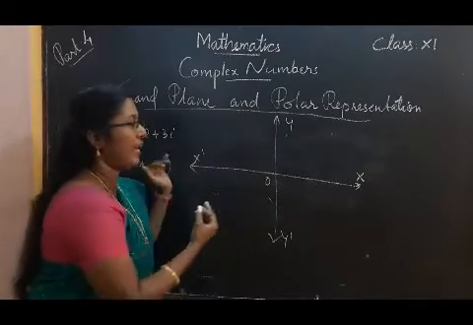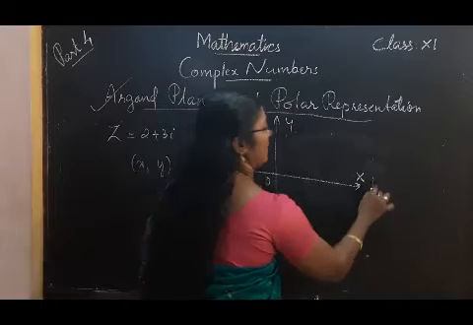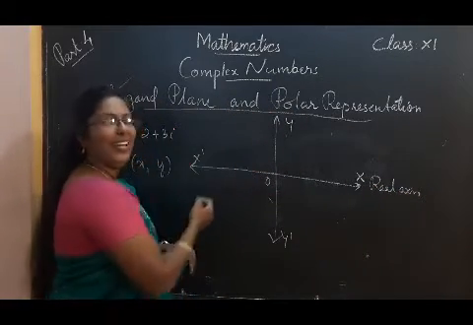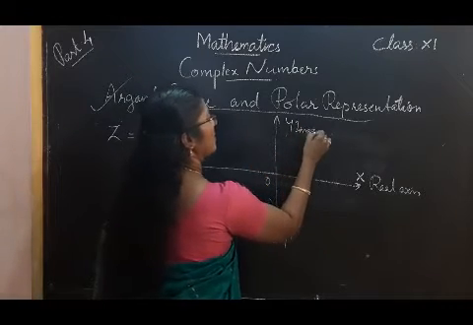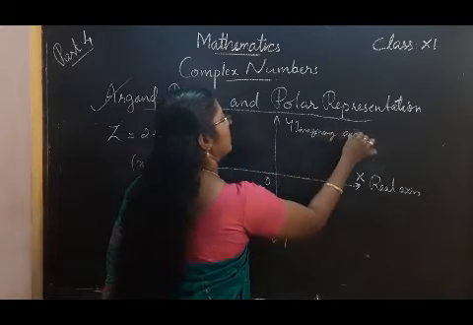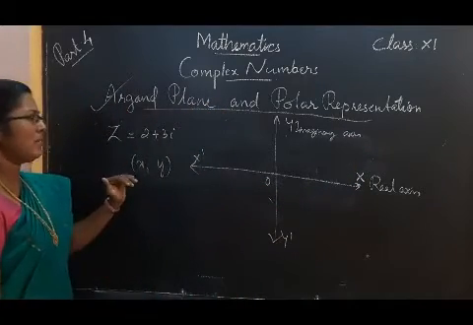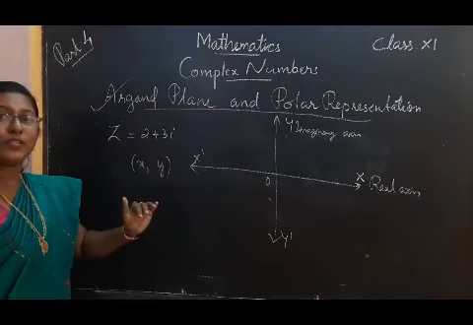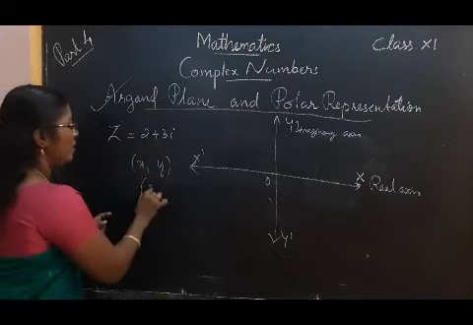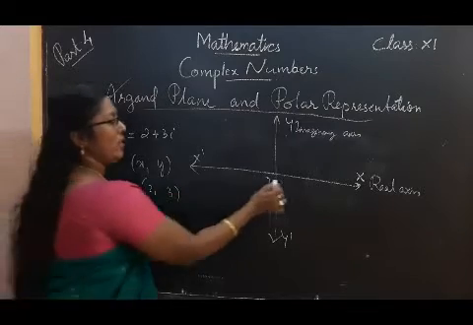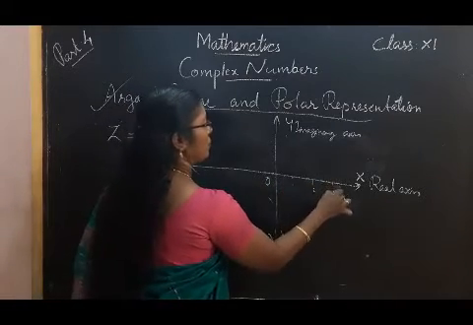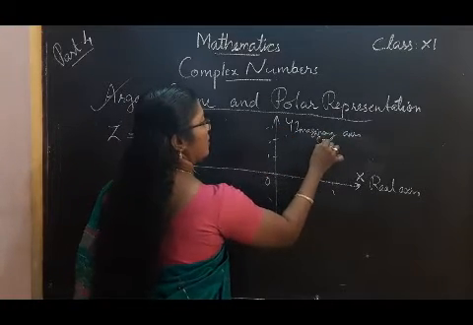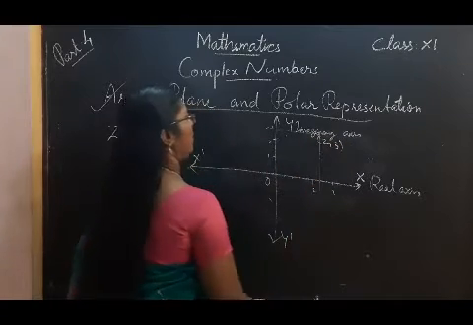So the x-axis is the real axis, and the y-axis is the imaginary axis. We can simply plot this as the ordered pair (2, 3): 1, 2 on the x-axis, and 3 on the y-axis.